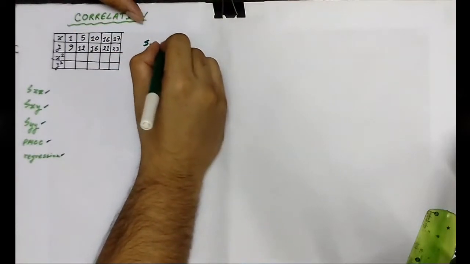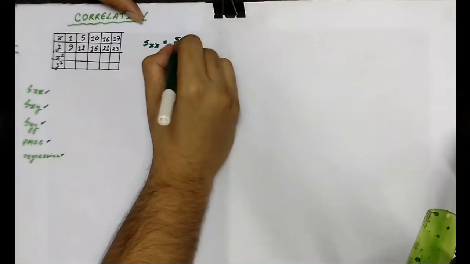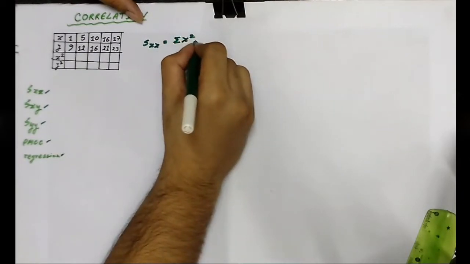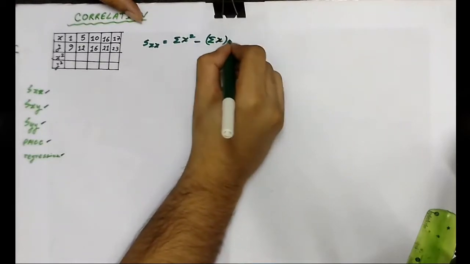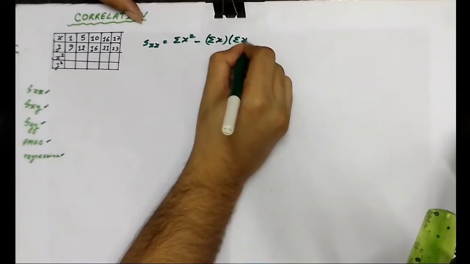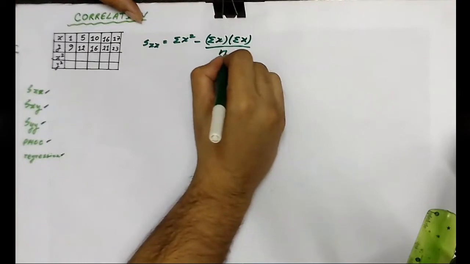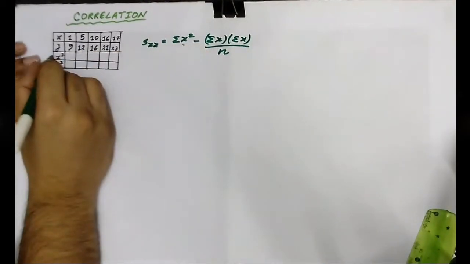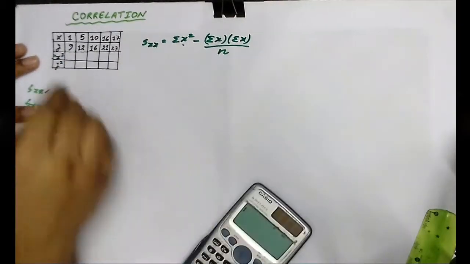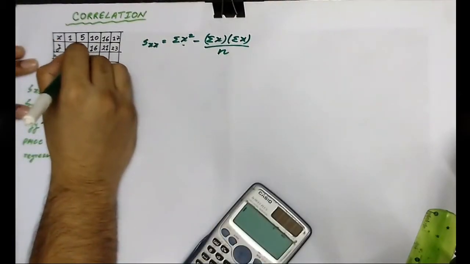We have not been provided that data, but for SXX, the formula is summation of x square minus summation of x into summation of x divided by the number of terms. Now, what is n? N is basically the total number of data that we have. In this case, that is 5.